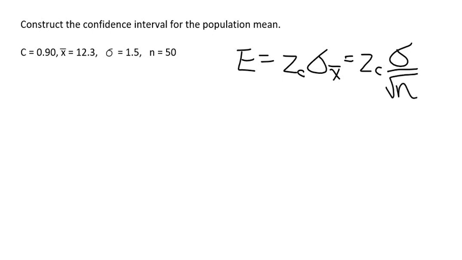Okay, here's our equation for the margin of error. And our confidence interval is going to be x bar minus this margin of error, x bar plus this margin of error.